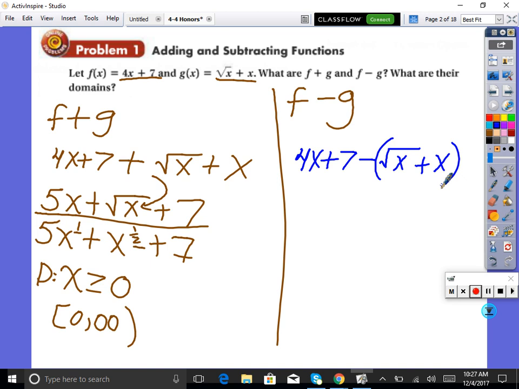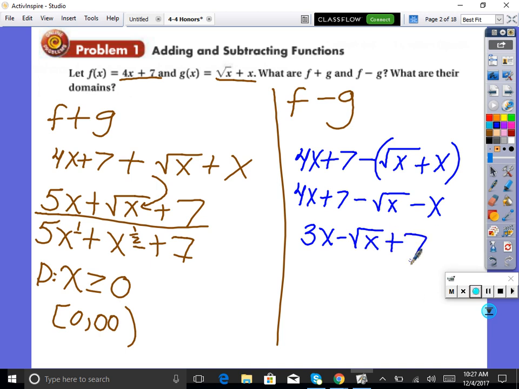In subtraction, you need to distribute your negative. Okay, check your answer. You probably are there at this point. 3x minus root x plus 7. Okay, sweet.